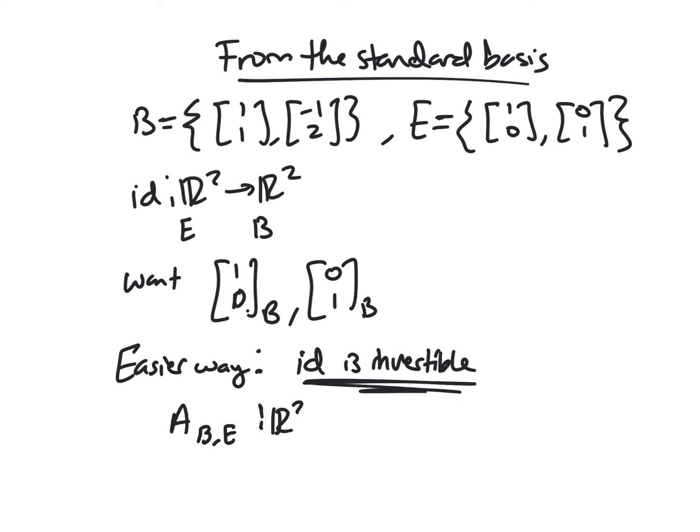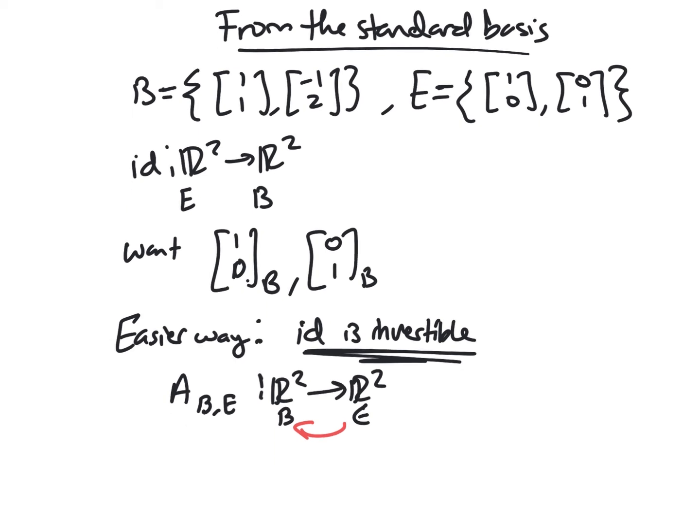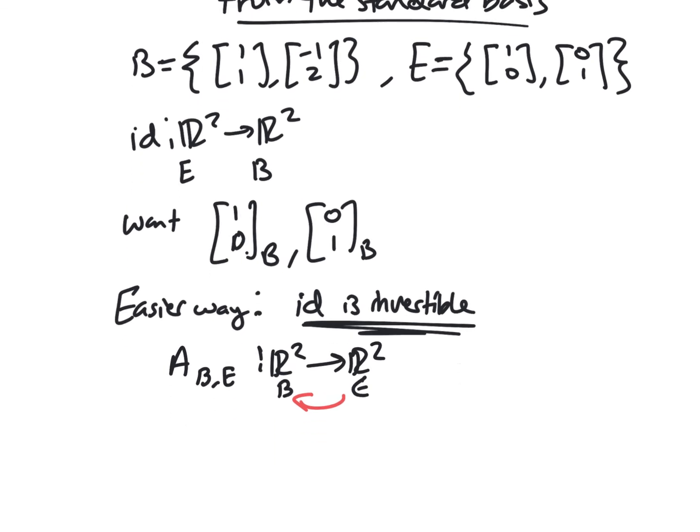This went basically from R2 to R2, viewing this as B and this as E. How do you think we go backwards? Well, you want to undo what you did. Identity is invertible. It's going to be the inverse. So A from E to B, going backwards, is just A sub B,E inverse. And so it's just take that matrix from the previous example and take its inverse.